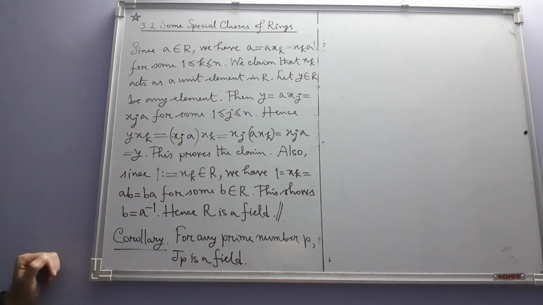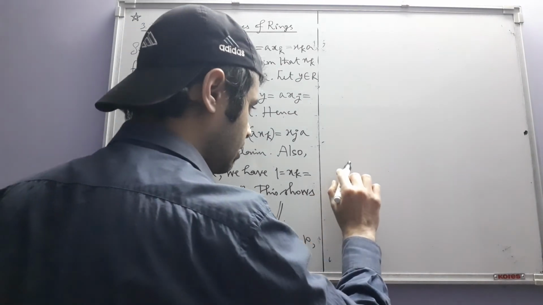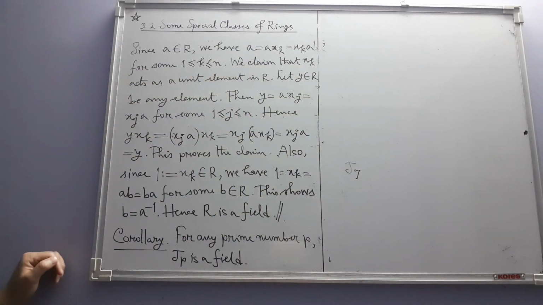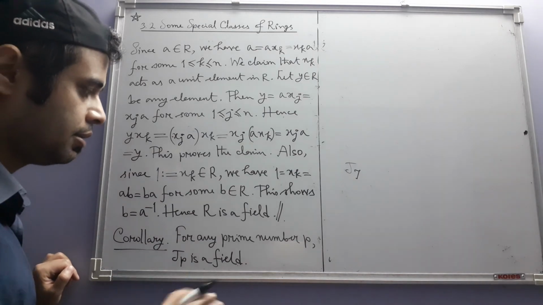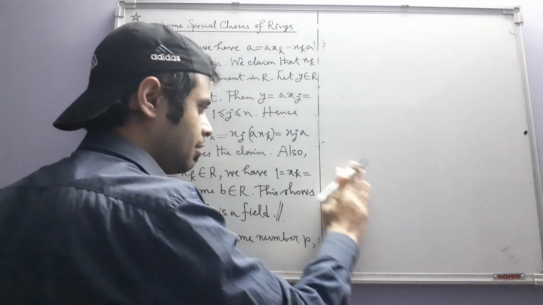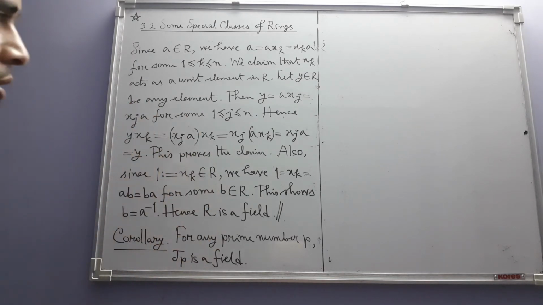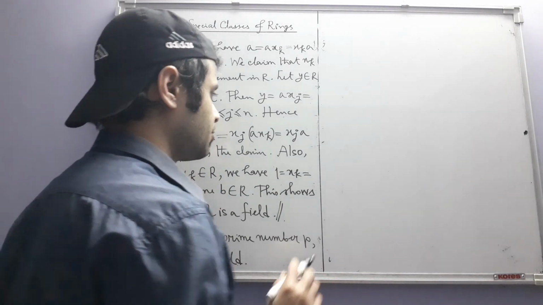Note that we have already seen one such field in our example Z7, the integers modulo 7. There we directly verified that it is a field. However, now this will come as a consequence of this lemma, not just for 7 but for any prime P.